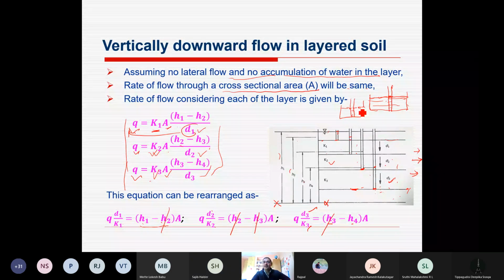Okay. Now I am replacing this water filled bucket with the same bucket filled with soil, and it is saturated. Saturated means pore spaces are filled with water. What will be the level of water here now? You have learned in soil technology.